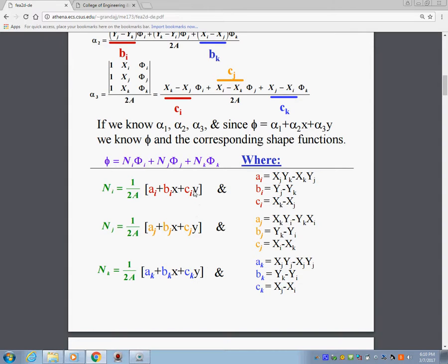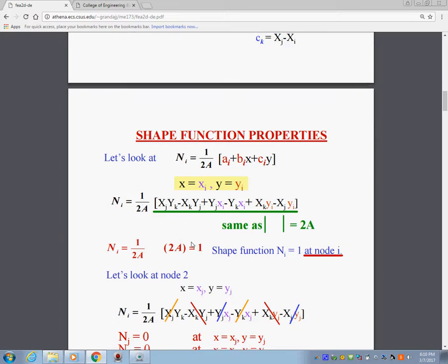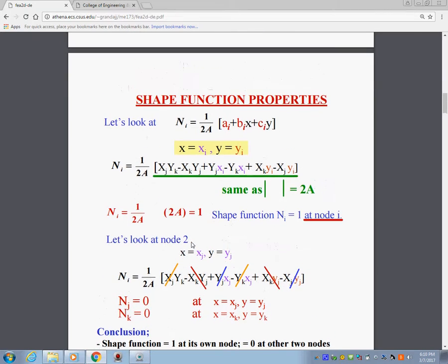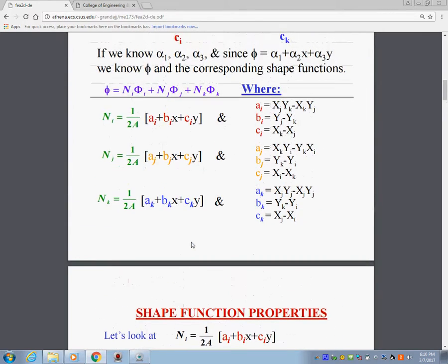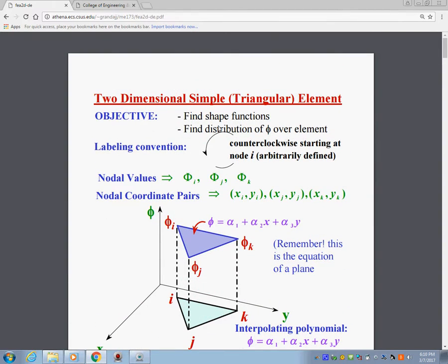And all these are dependent on the geometry. We start there. We know what the dimensions of the finite elements are. So that fulfills one of the objectives. And then the second objective is to find the distribution of phi over the element.